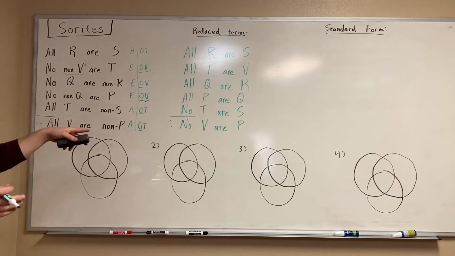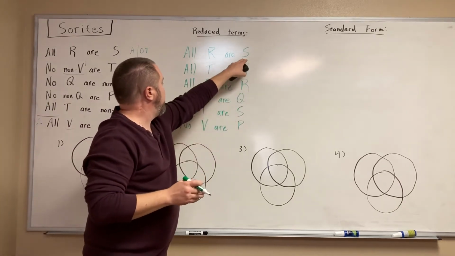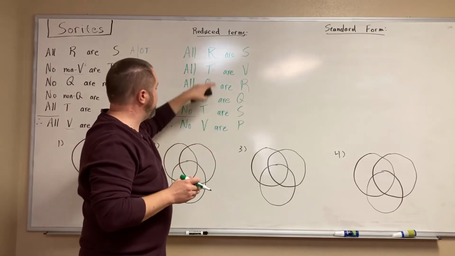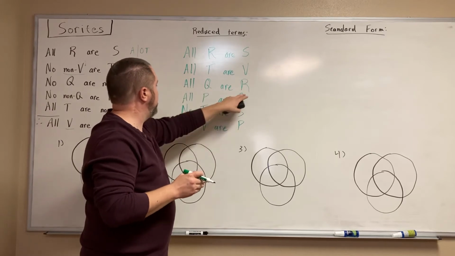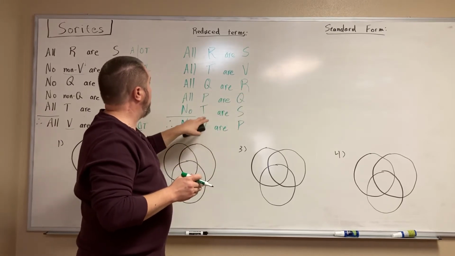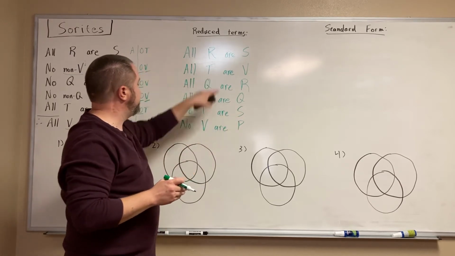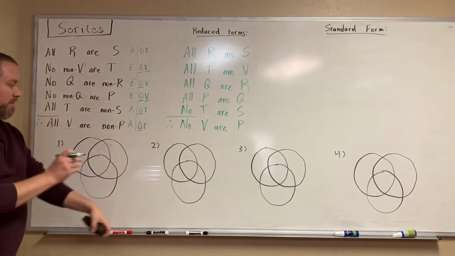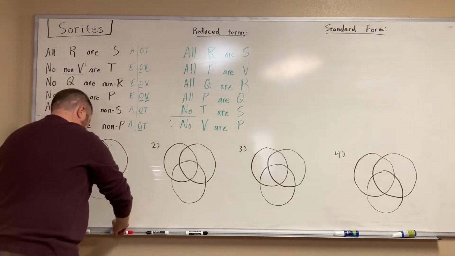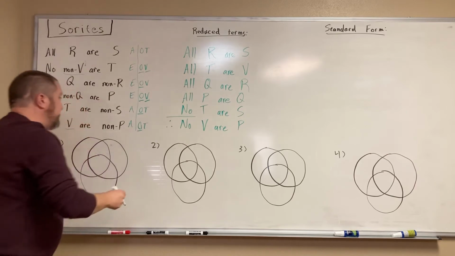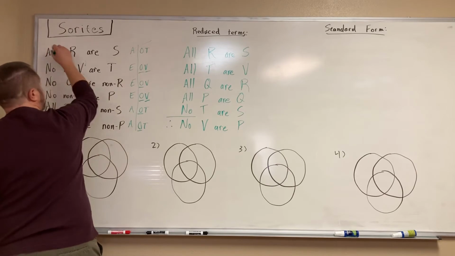Doesn't look like we have any nons, so we should be good, but just to be sure: R, S, T, V, Q, R we already did, P, Q we already did, T. So it looks like we have all the terms reduced. So, kind of cross that out of our mind.